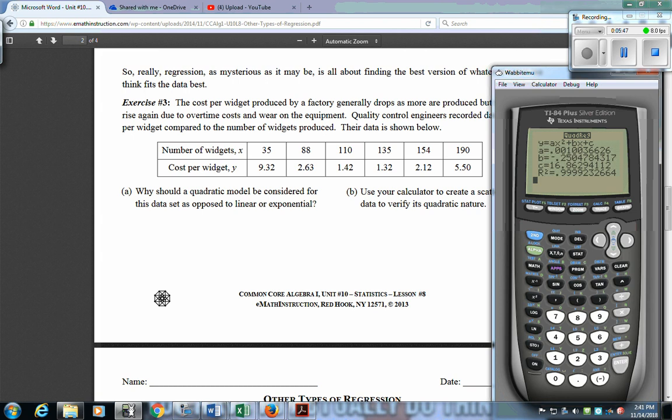The closer that r value is to 1, the more correct the model is. A lot of times you'll see r, but this one has r squared on it. R and r squared are pretty similar and usually end up around the same amount. But in this case, if r is close to 1, that means it's a good fit.